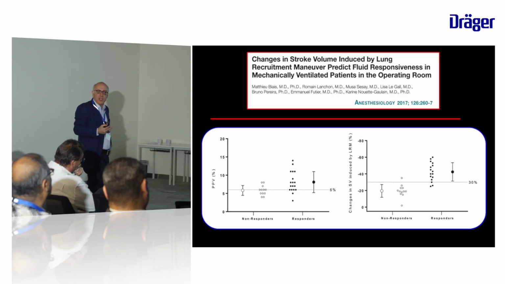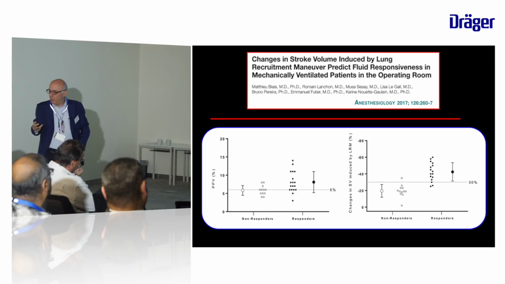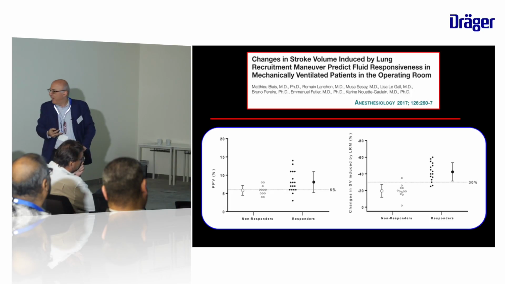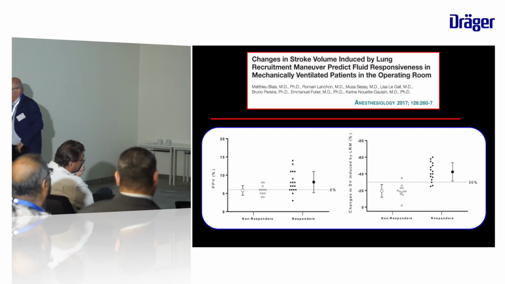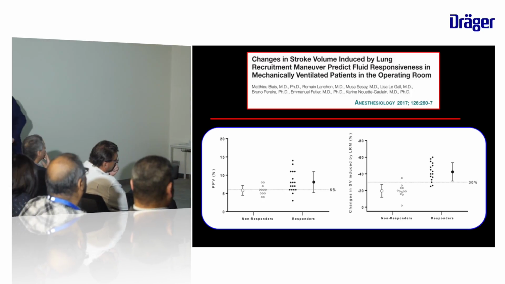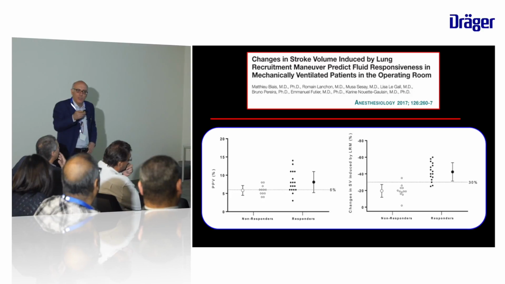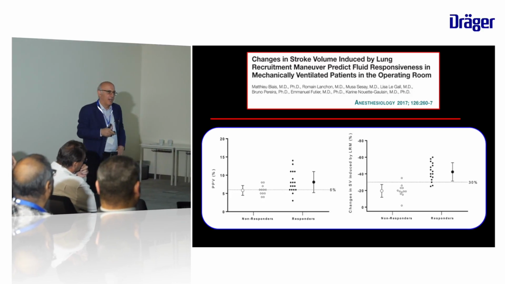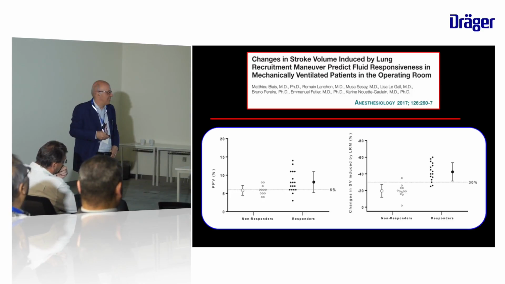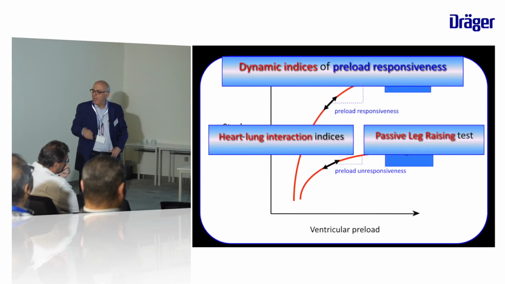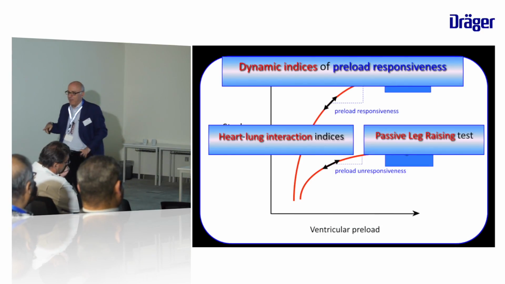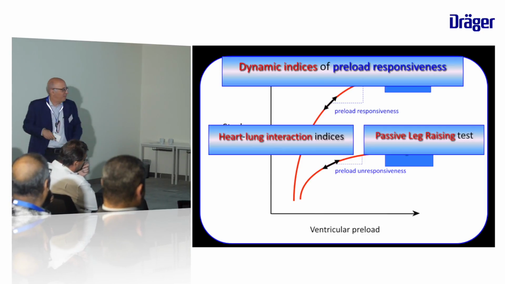So if you have a change in PPV during a recruitment maneuver, during anesthesia, of more than 30%, you are very likely to predict that this patient is fluid responsive. But I don't like it much, due to the fact that I don't like to do recruitment maneuvers so frequently during anesthesia, and showing that anyway recruitment maneuver may be associated with reduced cardiac output.